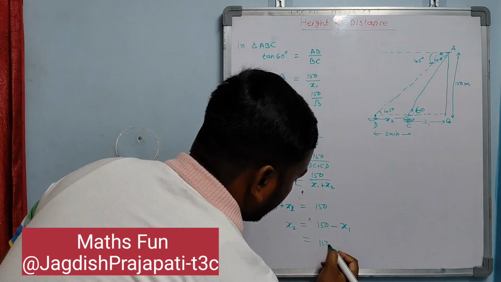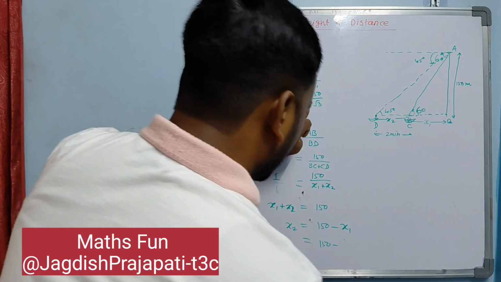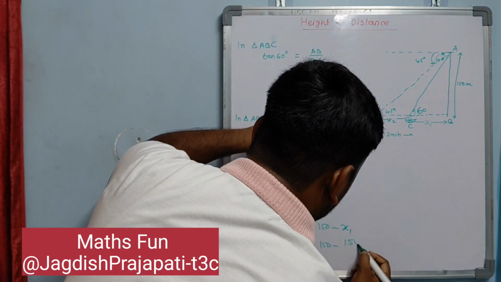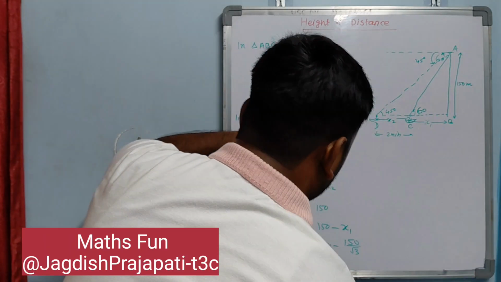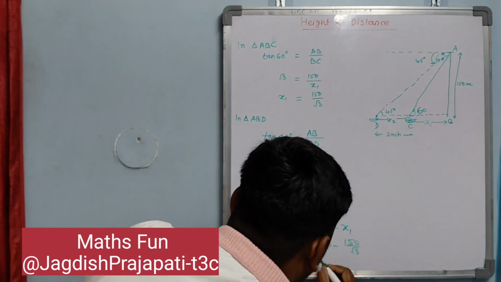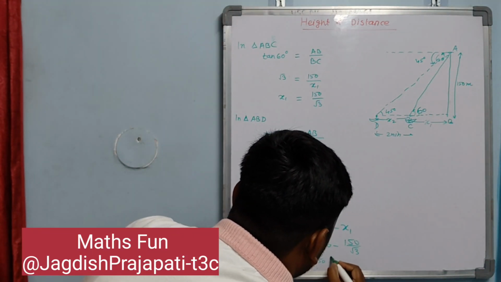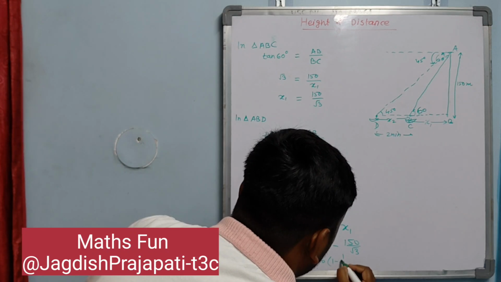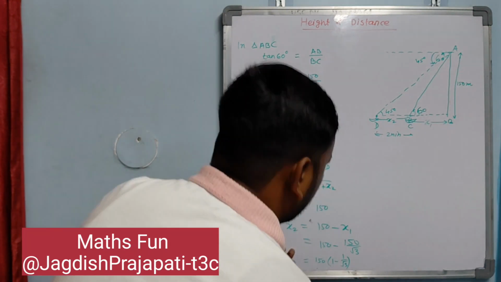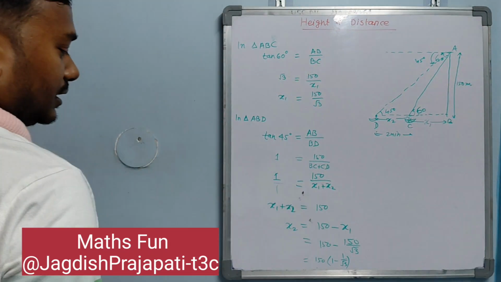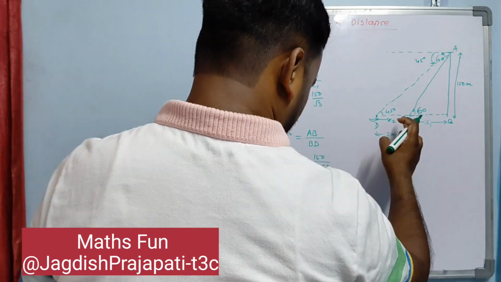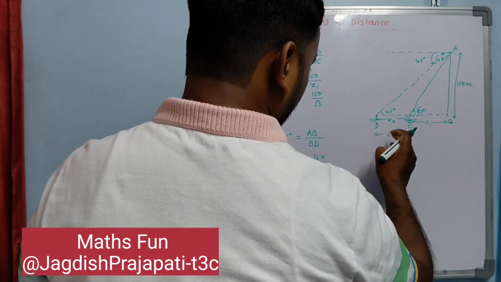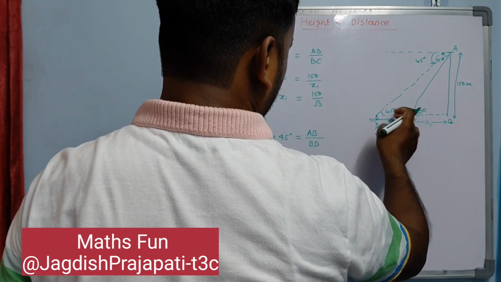So 150 minus x1, where x1 is 150 upon under root 3. If you take 150 outside, this will be 150 into 1 minus 1 upon under root 3. So this is the distance x2 from here to here.